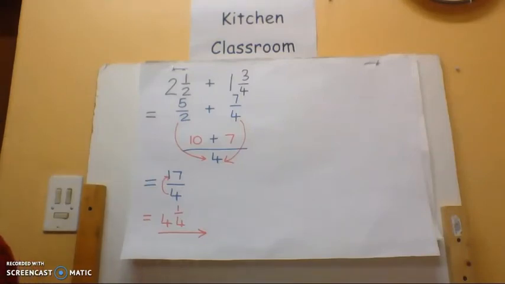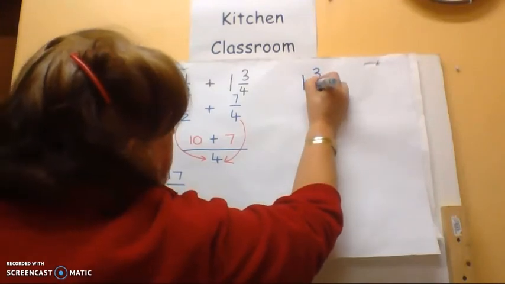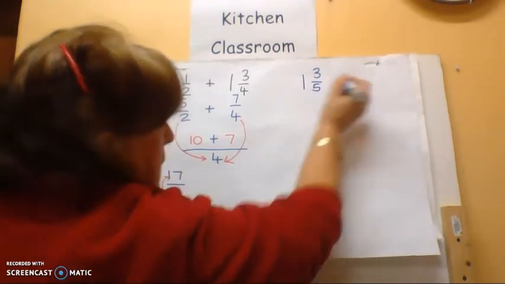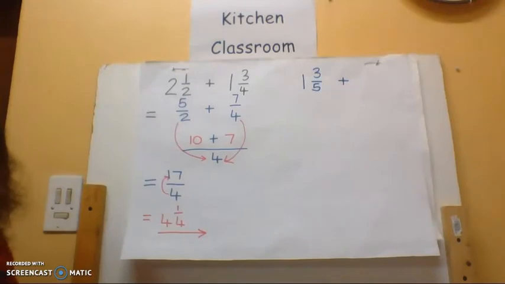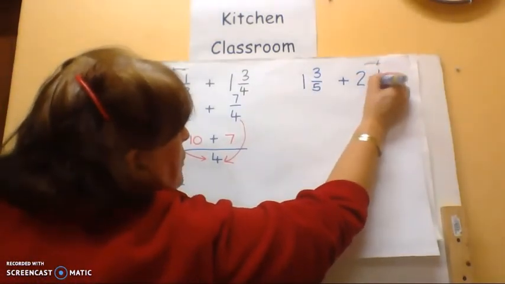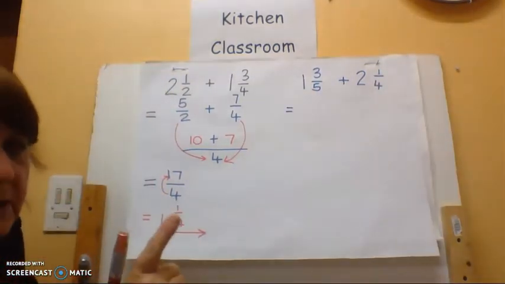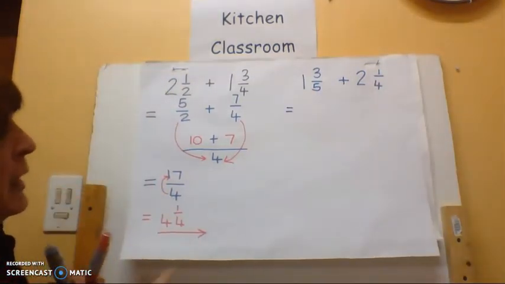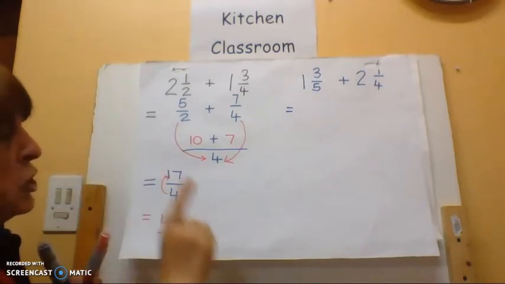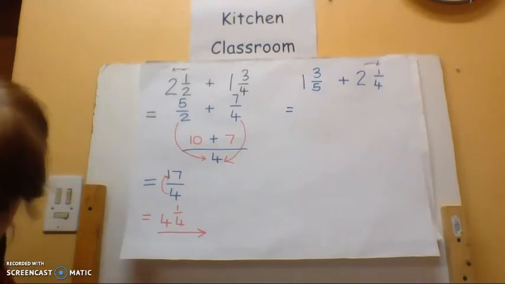I've got 1 3/5 plus 2 1/4. My note says that I must change both of my mixed numbers into improper fractions.